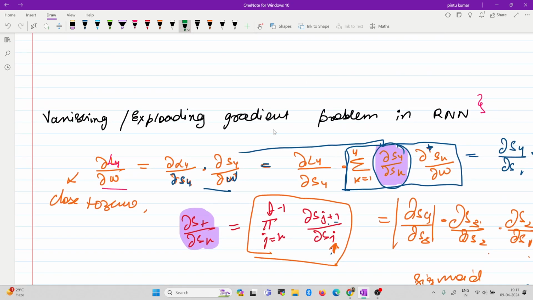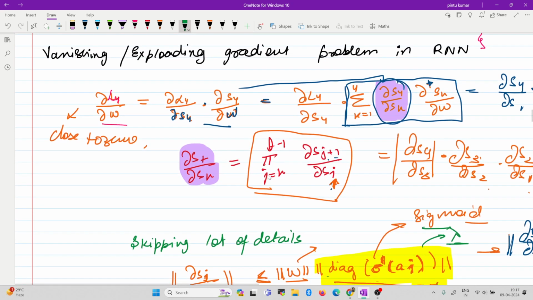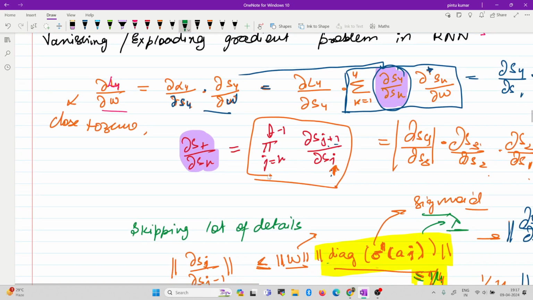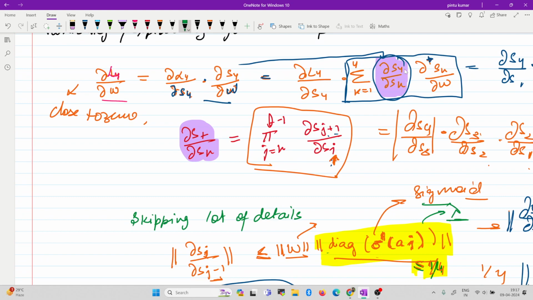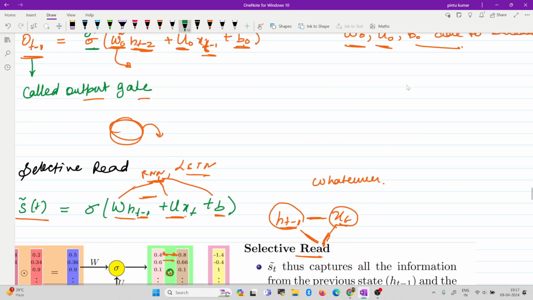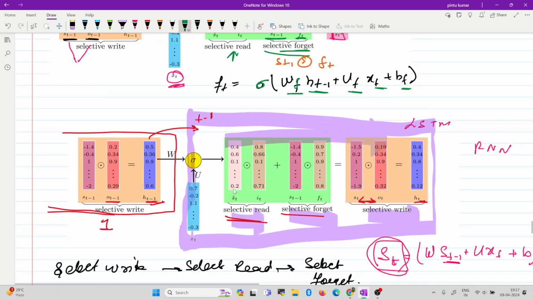These terms that you had, del S4 by del Sk. When you see this LSTM, when you are calculating S of t, your loss function L of S of t would depend on these things, S tilde t plus I t, plus S of t minus 1 dot product with F of t, right?